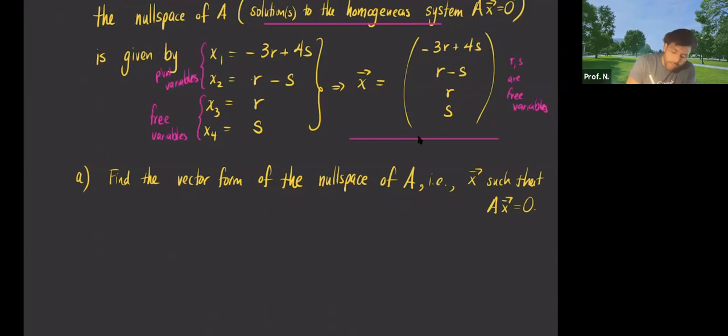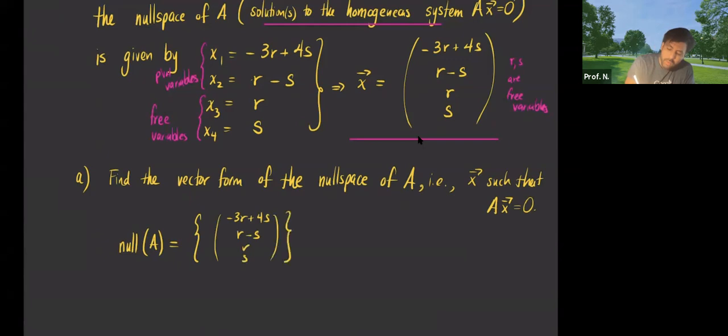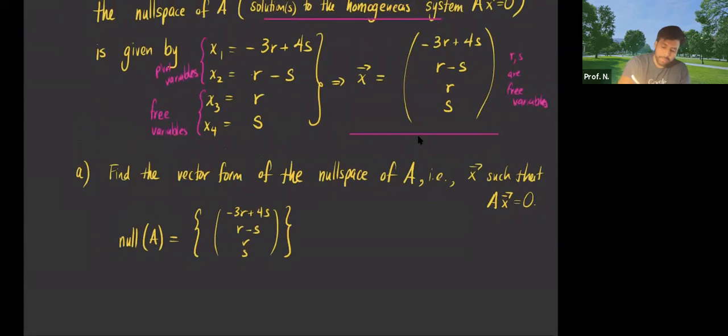So when you want to find the null space of A, you have the vector negative 3R plus 4S, R minus S, R, S. But if you just leave it this way, and we say such that R and S are scalars, right? They're all the possible scalars that exist.